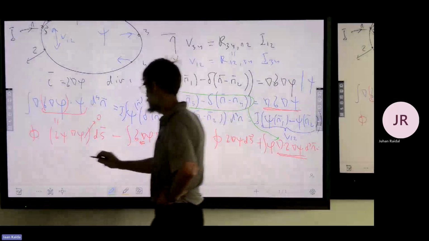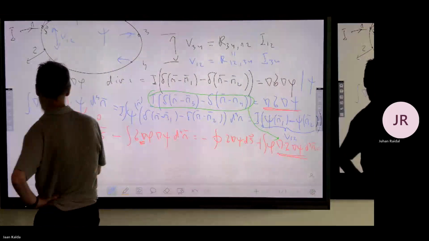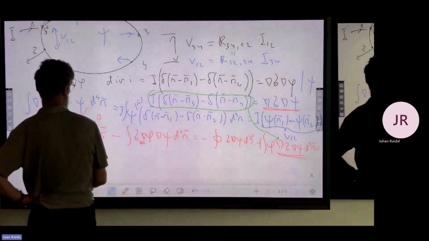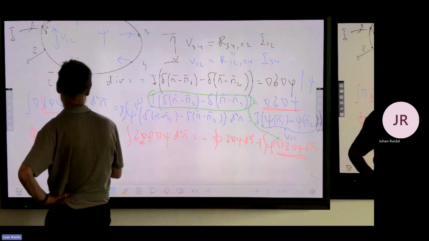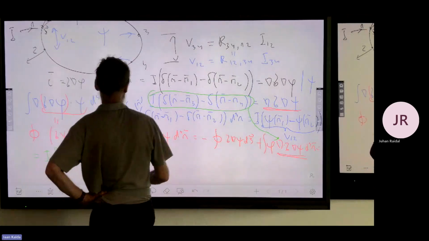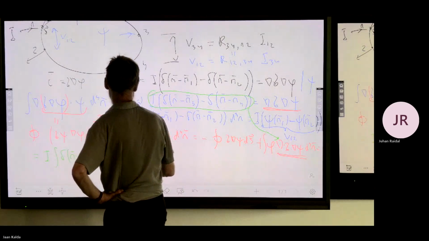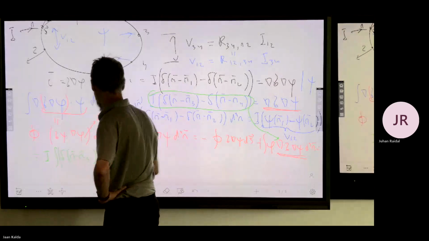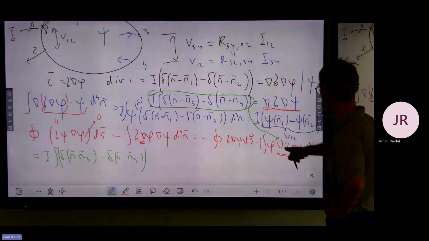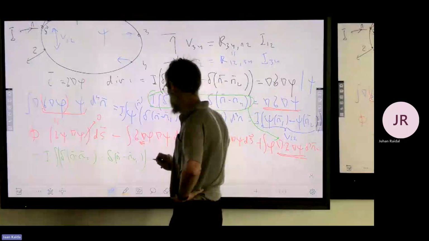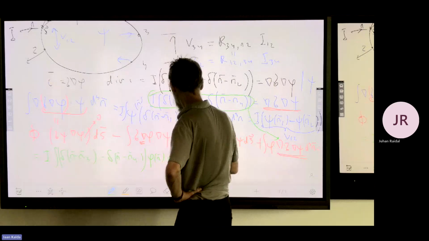And so the whole thing now becomes I is constant, integral of Dirac delta r minus R3 minus Dirac delta r minus R4, and then we still have phi left, and phi is a function of coordinates, dq bar.